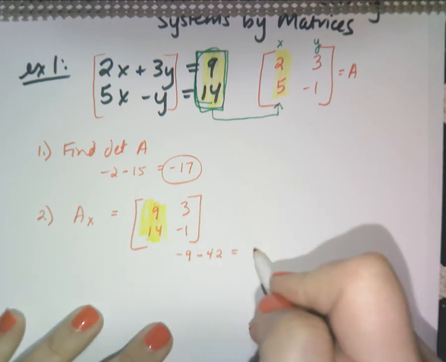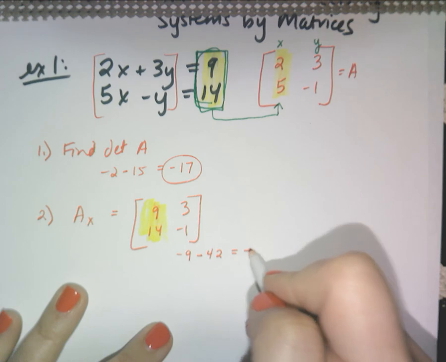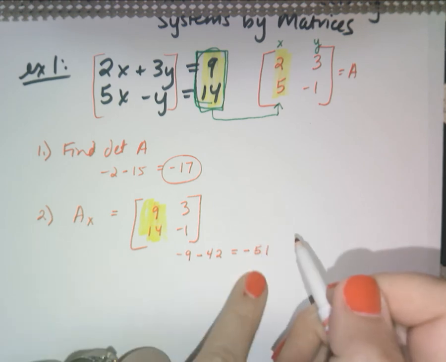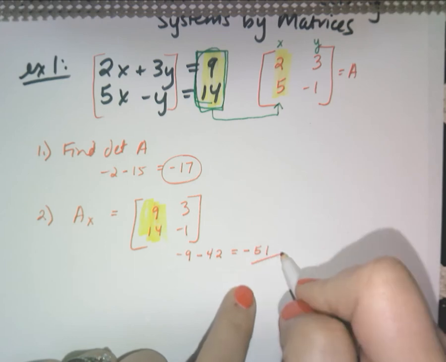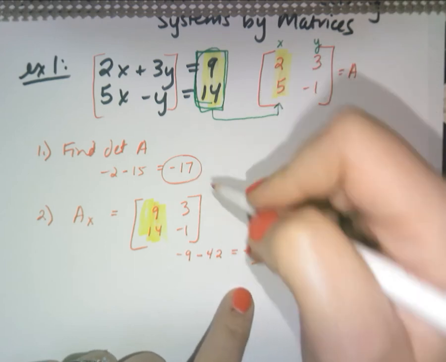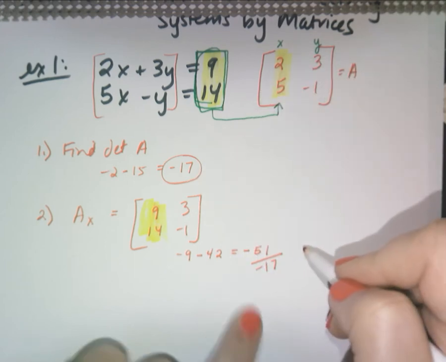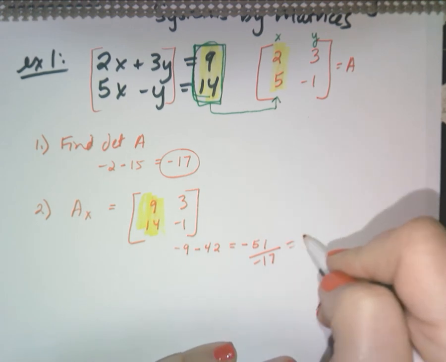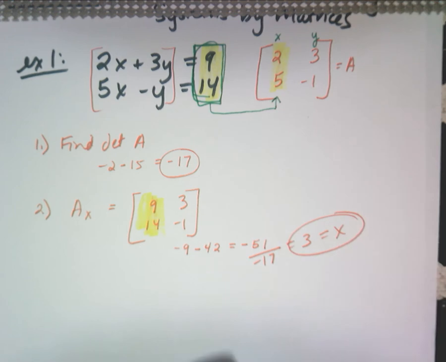And what is that? -51. Okay. Take your -51 and divide it by the original determinant. And what do you get? What's 51 divided by 17? Anybody know? 3. That is your answer for X. That is the X equation solved.